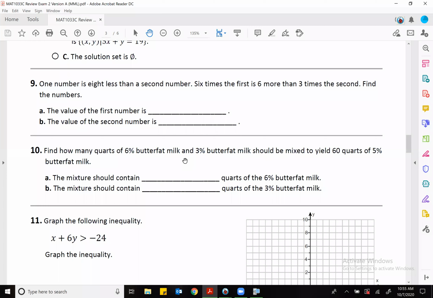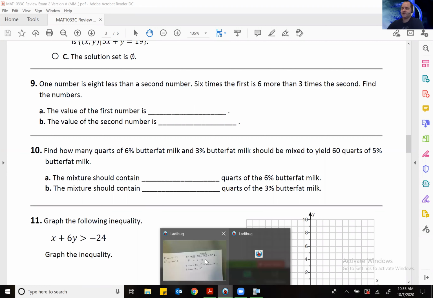All right, let me go back. I'm going to write down the next sentence. It says 6 times the first is 6 more than 3 times the second. So let's translate this.